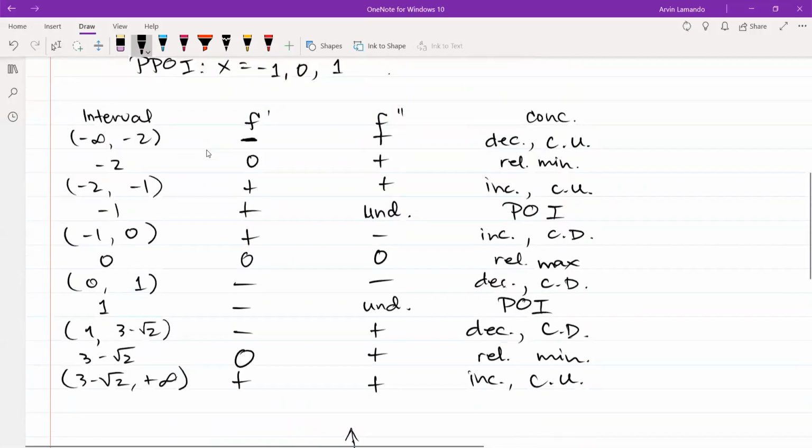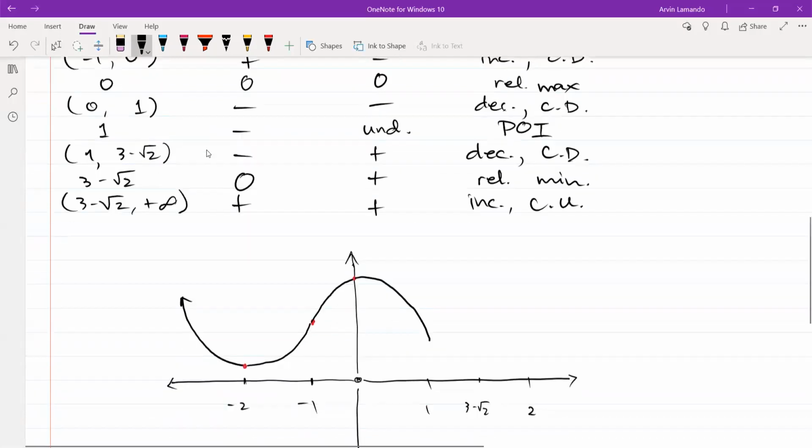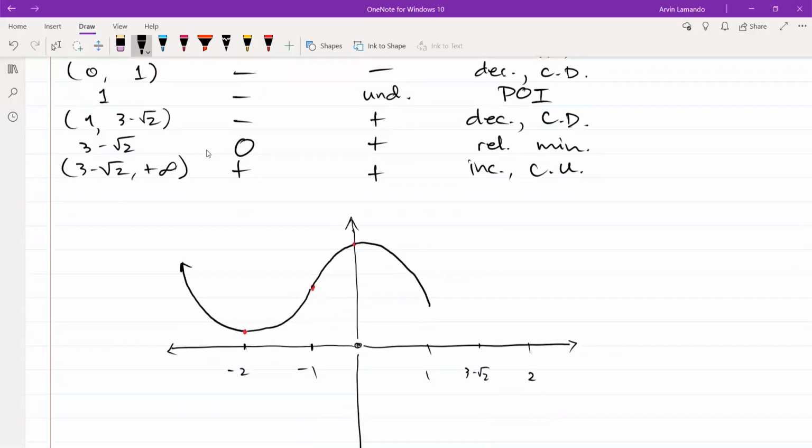Then it decreases and it concaves downwards. At x equals 1, you have a point of inflection, and then it decreases and concaves downwards.